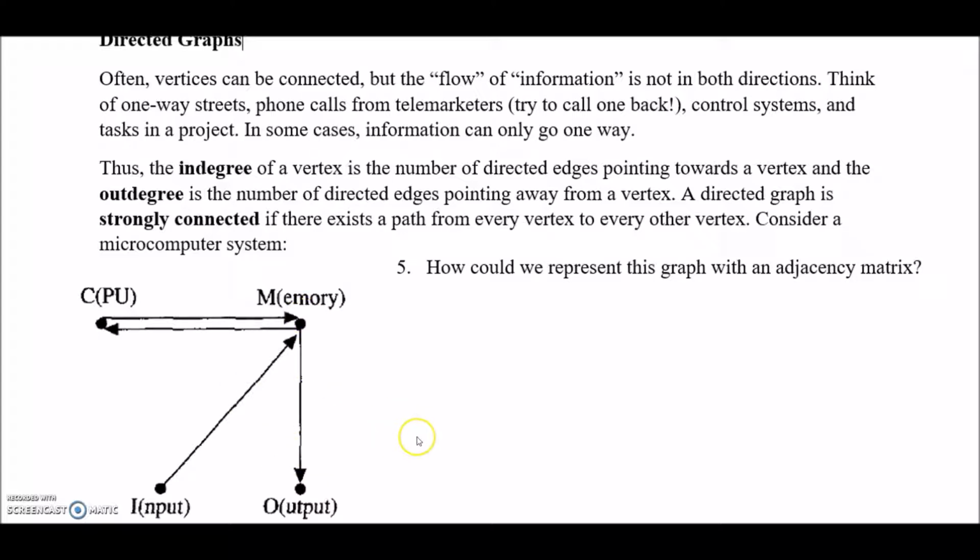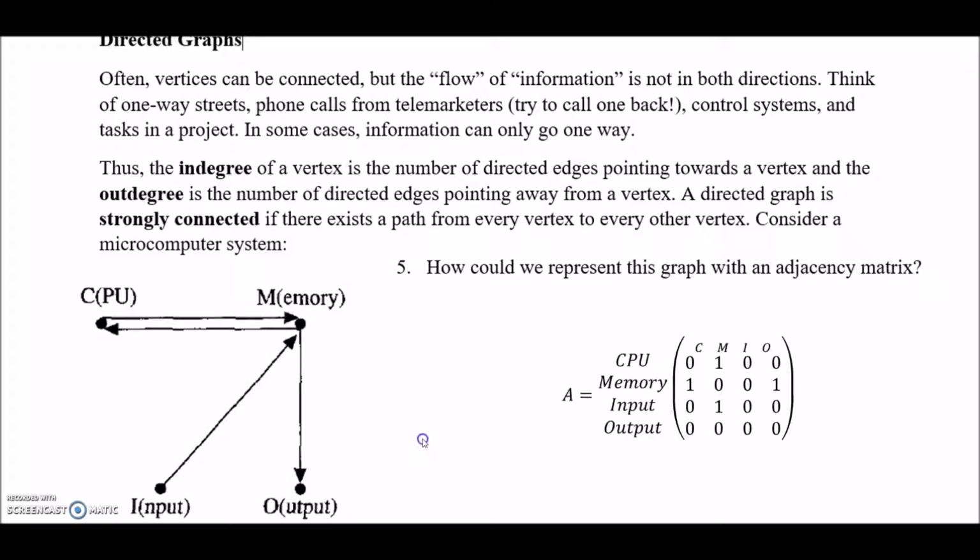Our question is, how could we represent this graph with an adjacency matrix? Well, much in the same way, except we're only going to put a 1 in an entry if the component, represented by the row, has an edge that terminates at the particular component of the column. So for example, we see that the CPU communicates with the memory, so for CPU and memory, we'll put a 1 there.